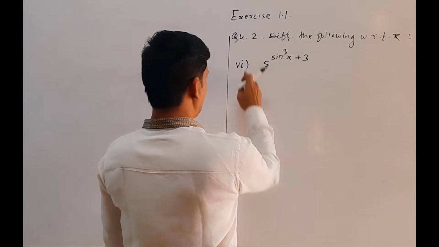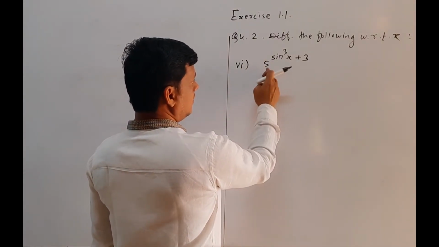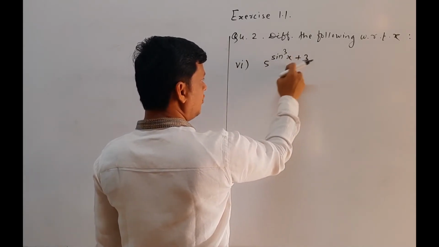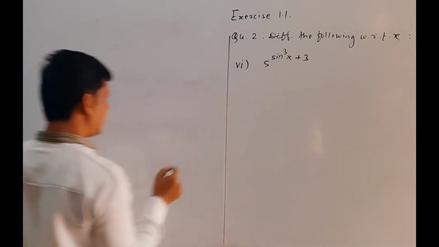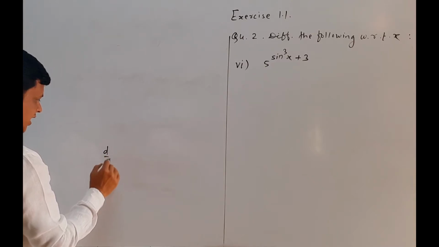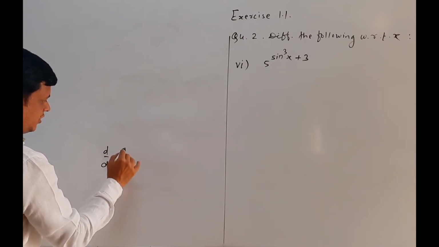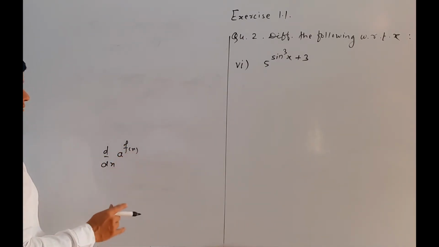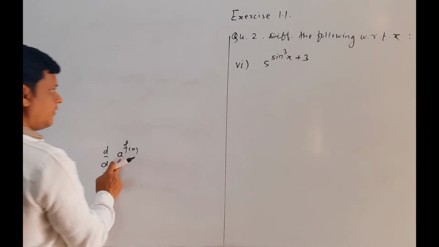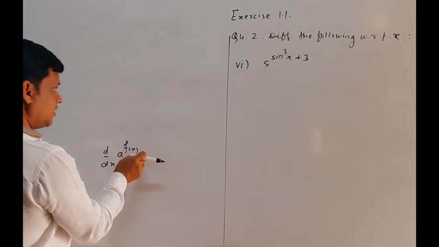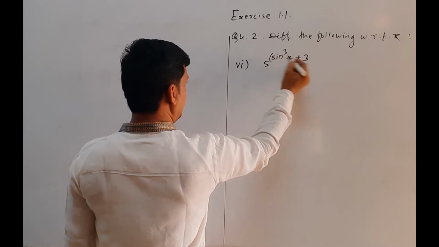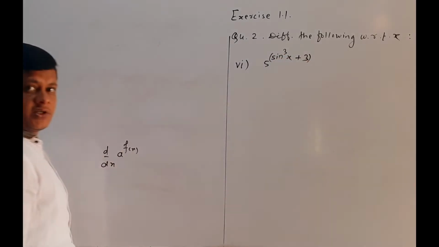See next sub question. 5 raised to the power sin cube x plus 3. So we have to use here d by dx of a raised to the power f of x. So here in place of a the value is 5, in place of f of x this sin cube x plus 3 function is here.